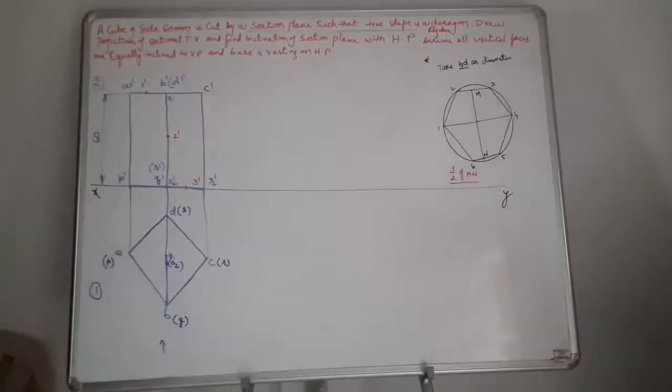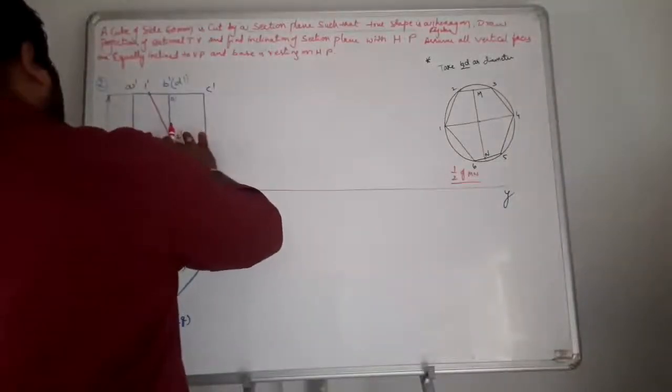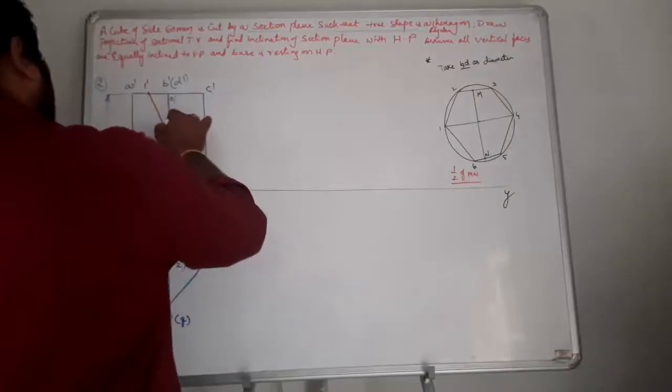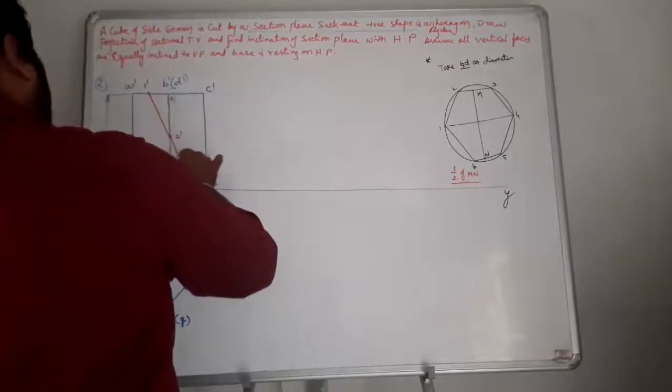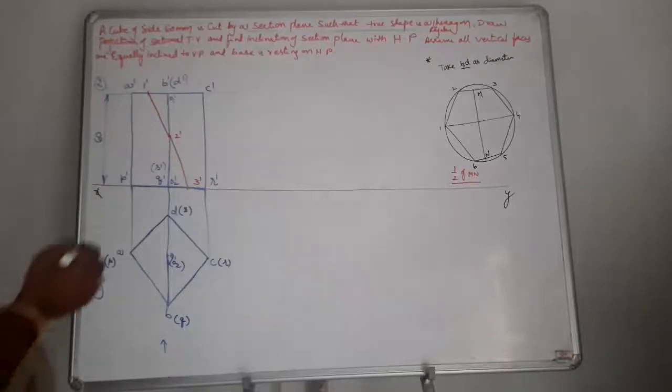Join 1 dash, 3 dash, which is supposed to pass through 3 dash right here somewhere.